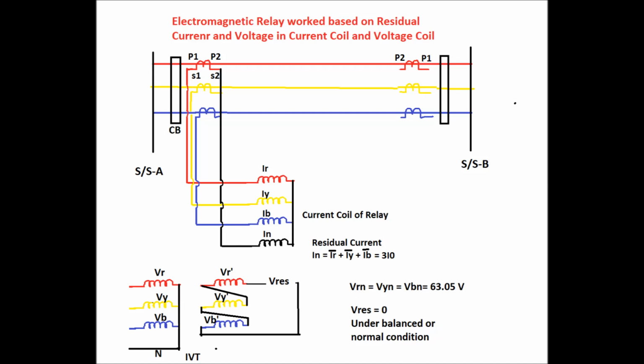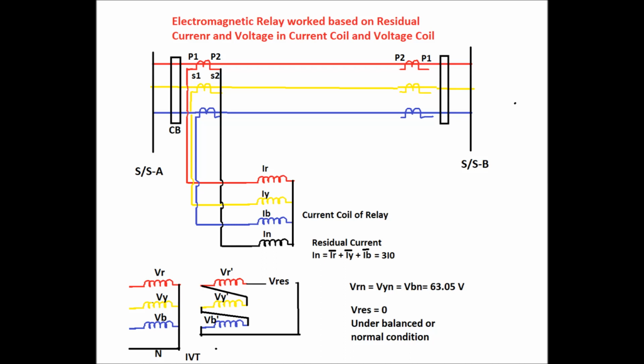Under normal condition, VRN, VYN and VBN are equal to the phase to earth voltage or phase to neutral voltage, which is equal to 63.05 volt. Under normal condition, the phase to phase voltage of the PT secondary is 110 volt. Normally the secondary of the PT is always 110 volt for phase to phase, and phase to neutral it is 63.05 volt.